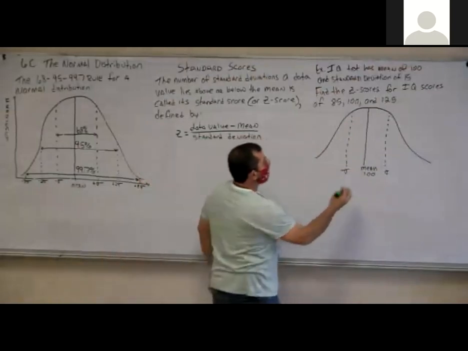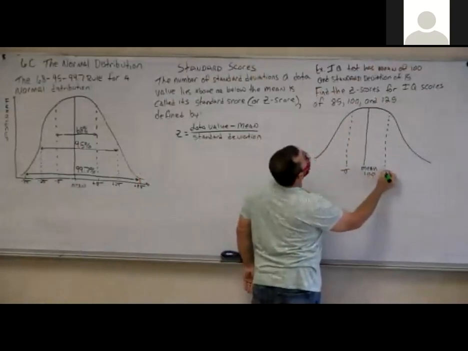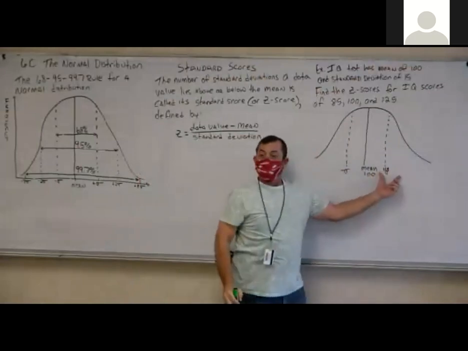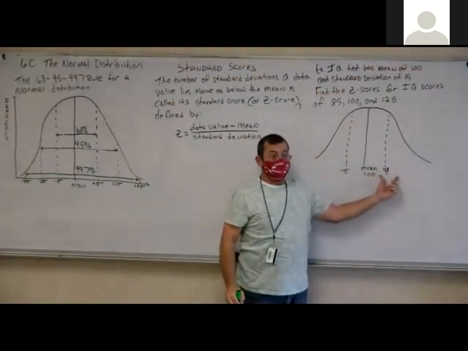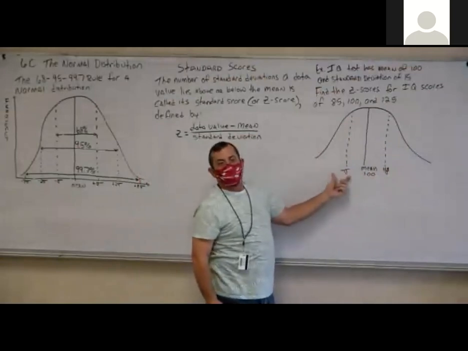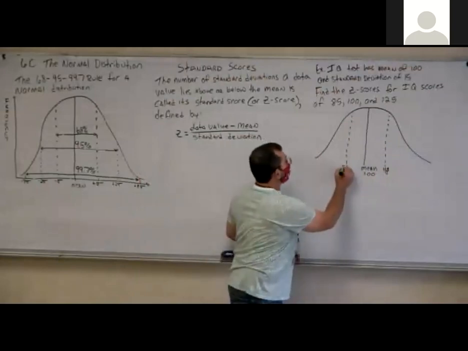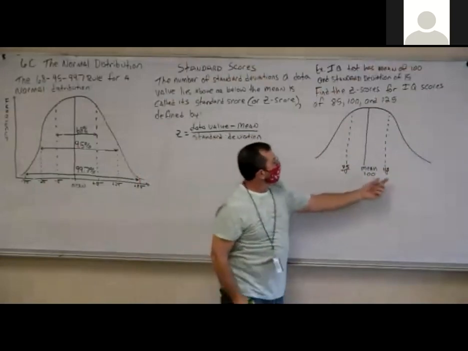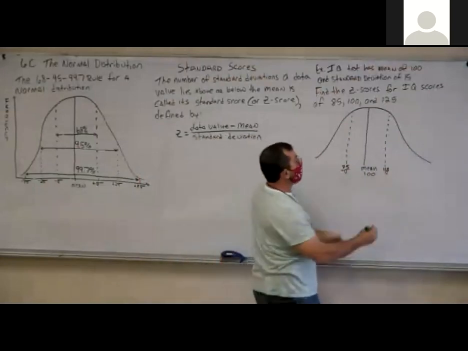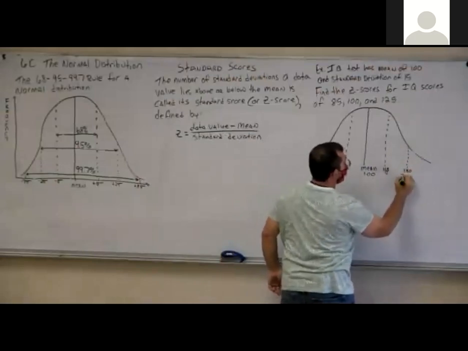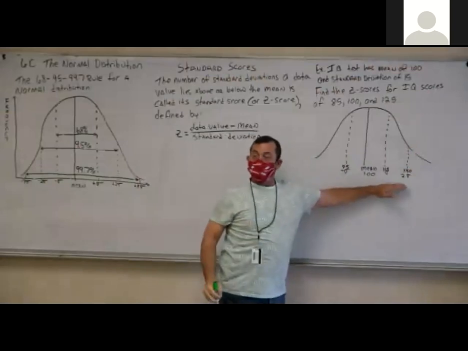So if the mean is 100 and the deviation is 15, a score of 115 would be one standard deviation away. And then what about 100 minus 15? That would give me 85. So 85 would be minus one standard deviation. Then if I took that 115 and added another 15, that'd be 130, which is 2 standard deviations away.